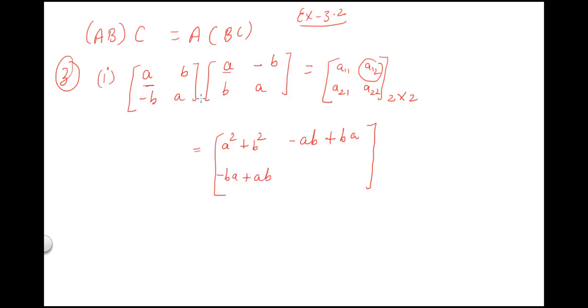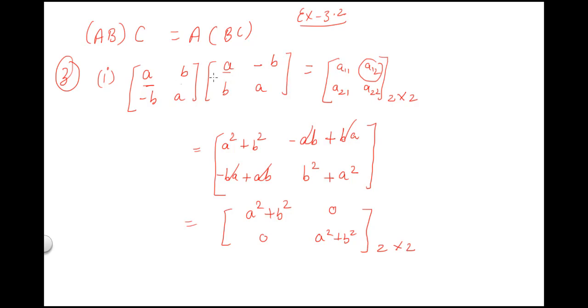And the fourth element will be minus B into minus B, which is B square, plus A into A, which is A square. Just to see, these two elements will become 0. So we have A square plus B square here, 0 here, 0 here, and here also A square plus B square only. So this is the answer for the multiplication of these two matrices.